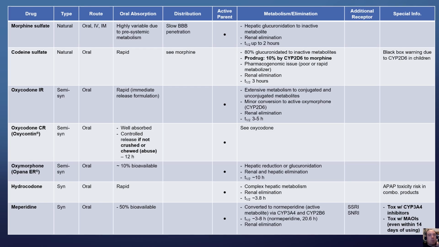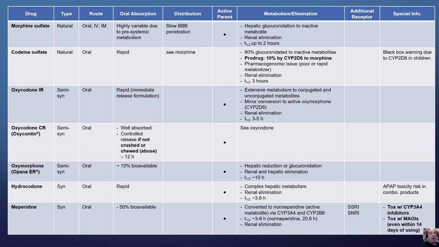One thing I wanted to point out, and it's in bold here, is oxycodone CR, which is also called OxyContin. That is controlled release. It should never be crushed or chewed, and that is what some people would abuse it that way, because if you crush it or chew it, you'll get the entire dose much more rapidly, and obviously could be very, very harmful or fatal, especially if you don't have a tolerance.